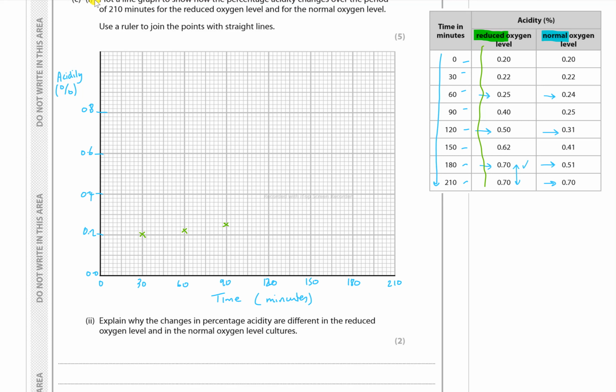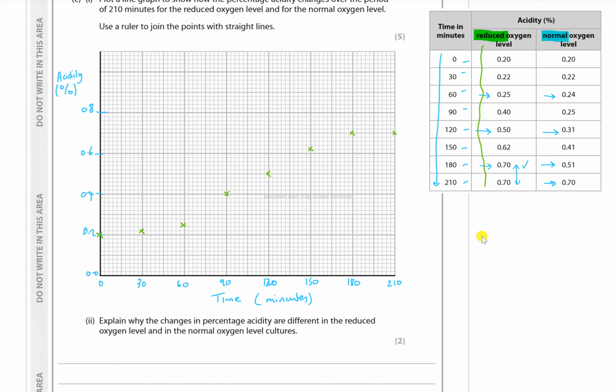You know what I'm going to do is I'm going to see if I can cheat. No, I can't cheat. Yes, I might be able to cheat. It's not good. But let's do it. Okay, 90 is 0.4. 120 is 0.5. 150 is 0.62. 180 is 0.7, and then it levels off.